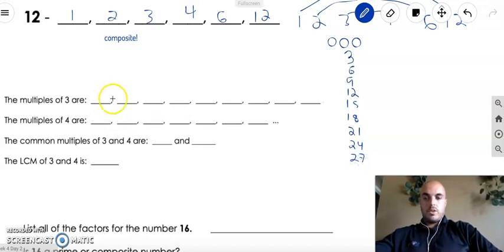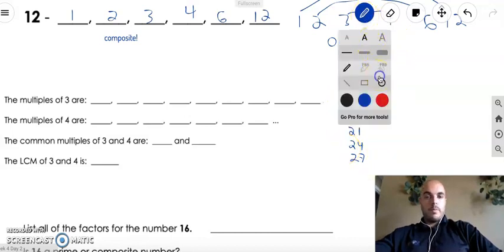All right, so we needed 1, 2, 3, 4, 5, 6, 7, 8, 9 rings. Perfect. Now let's do it for 4 as well. I'm going to do it right next to it.